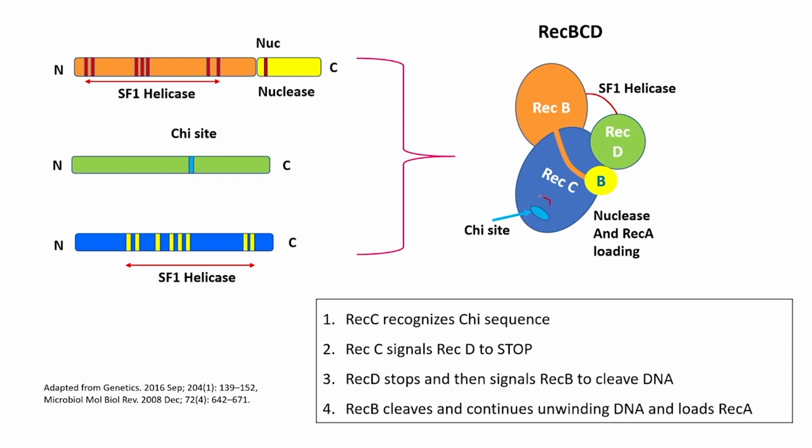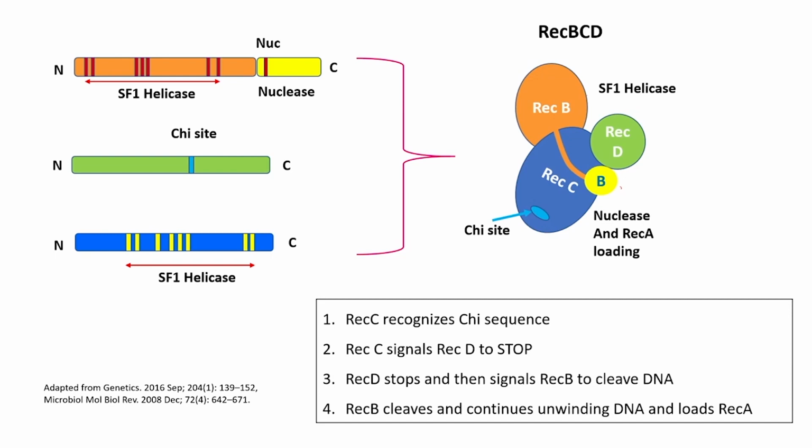This chi site is the place where the stoppage of these molecules will happen, and a part of the RecB, the nuclease domain, you can see lying over here in this position. These are all schematic and not exact locations, but you can see in this particular protein complex the different functional domains with respect to one another.